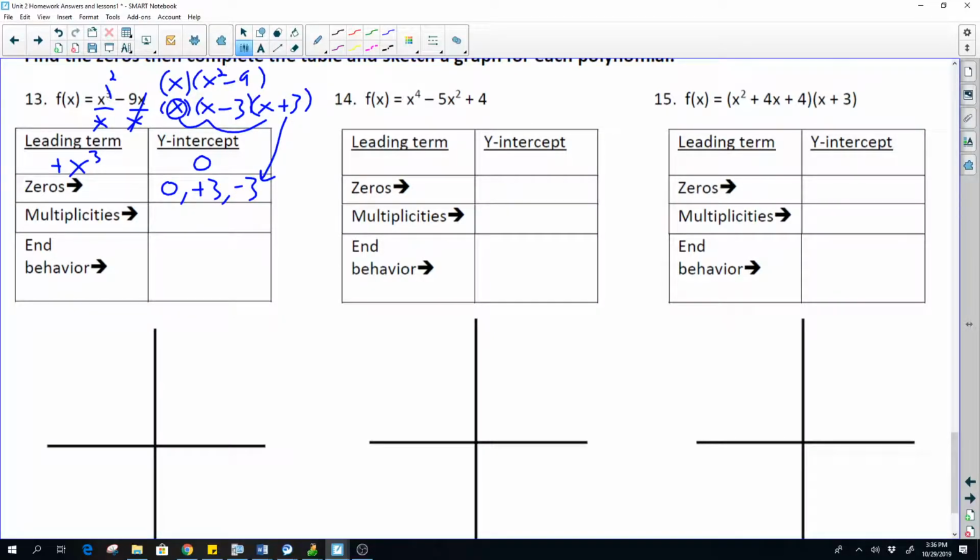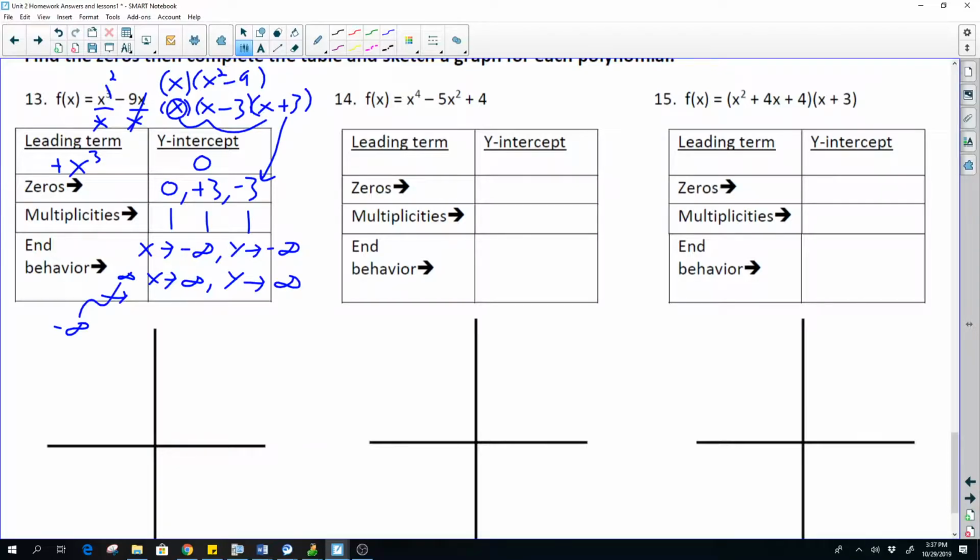Multiplicities will just be 1. And then because it's x cubed, the end behavior should be like that. So as we go to negative infinity to the left, y will go to negative infinity down here. And as we go to the right, it should go to positive infinity. Like that.